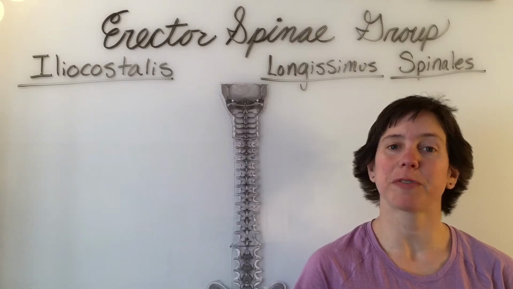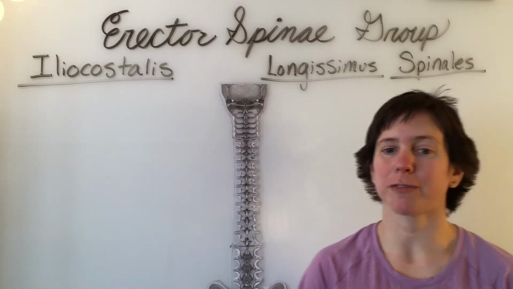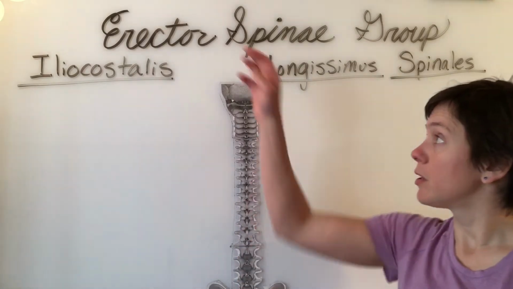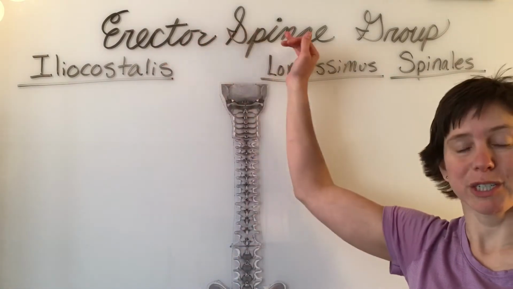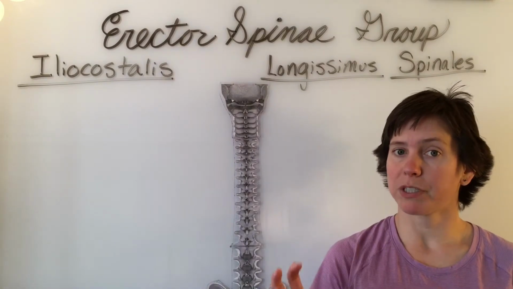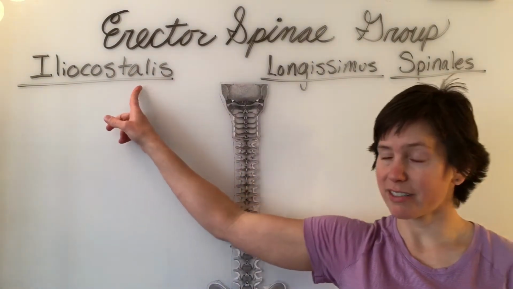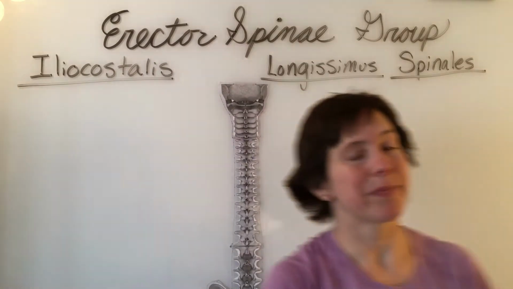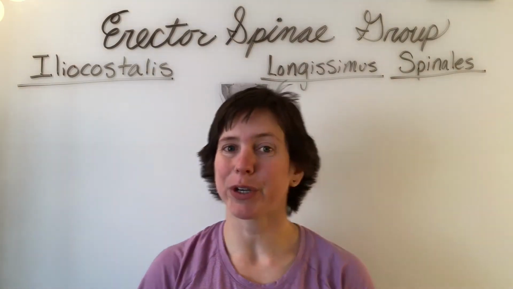Another portion of the deep back muscles involves the sacrospinalis group, more commonly known as the Erector Spinae group. It has three main muscle bunches: the Iliocostalis, the Longissimus, and the Spinalis. You can remember this with the fun mnemonic, I like spaghetti.